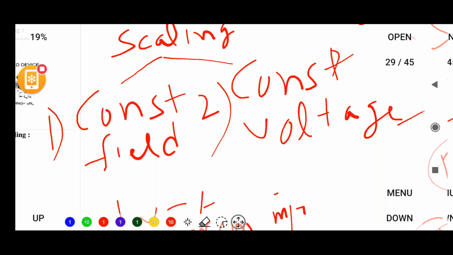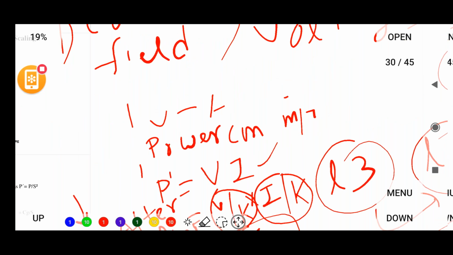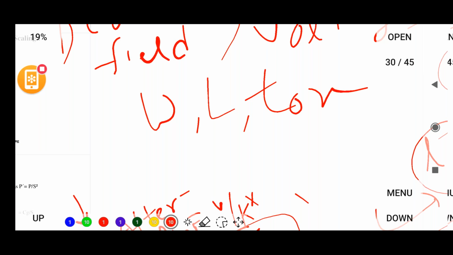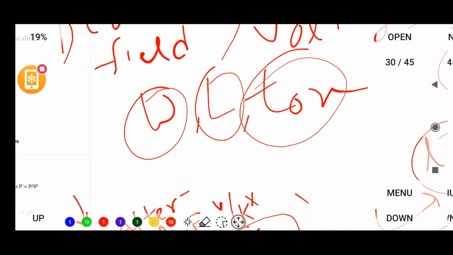Actually, if you talk about the parameters, suppose that my parameters are W and L, and also 2x, the oxide thickness. Of course, if you change the parameters at the device level, suppose W is changed, L is changed, 2x is changed, your electric field is affected.